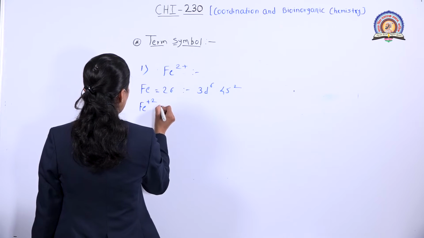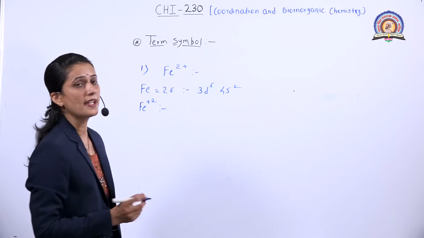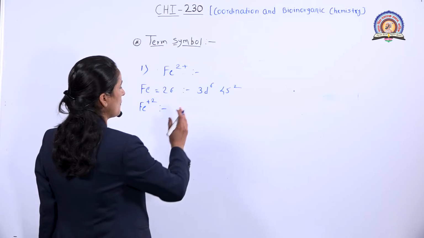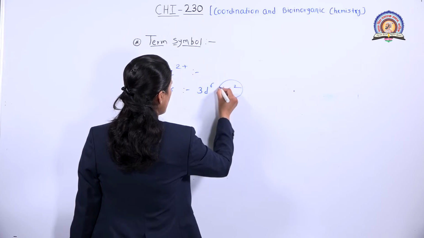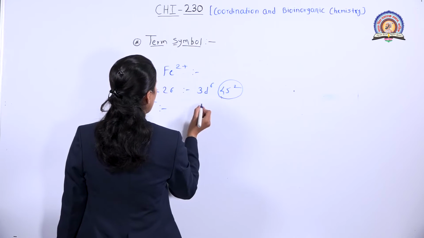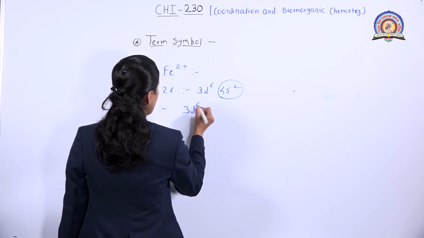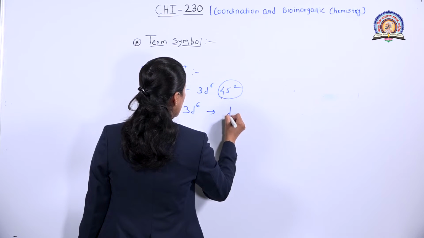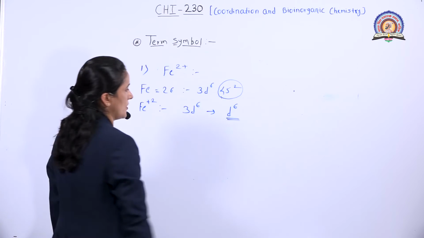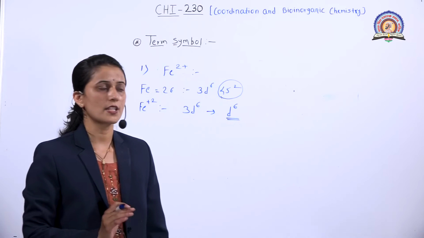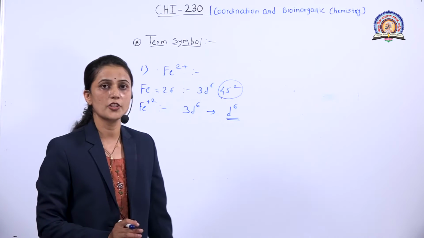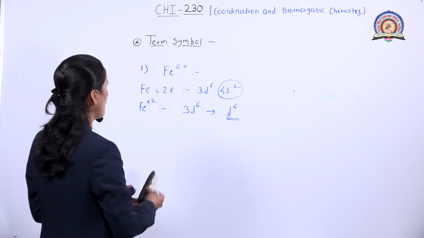But as Fe carries +2 oxidation state, obviously there is loss of 2 electrons from the outer orbital, that is from the 4s orbital. Hence the electronic configuration is 3d6, means we have d6 configuration. Now we have to calculate the GS term for this d6 configuration.